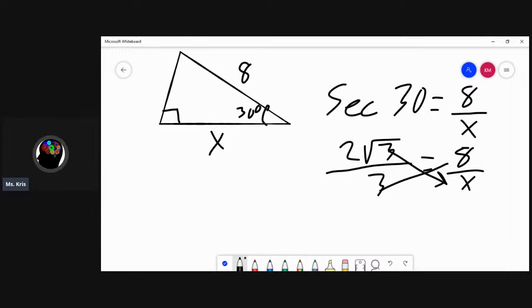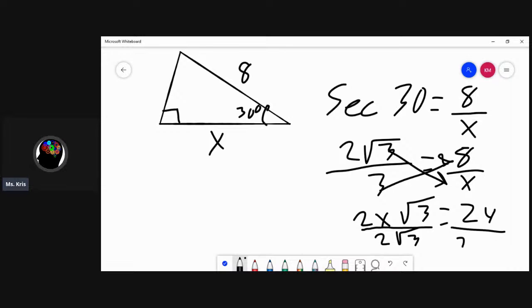Of course, cross multiply, and I have 2x square root of 3 over 8 times 3. That gives me 24, right? 3 times 8, 24. 2 square roots of 3 times x is 2x square roots of 3. So now, to get my x by itself, I must divide by 2 square roots of 3 on both sides.